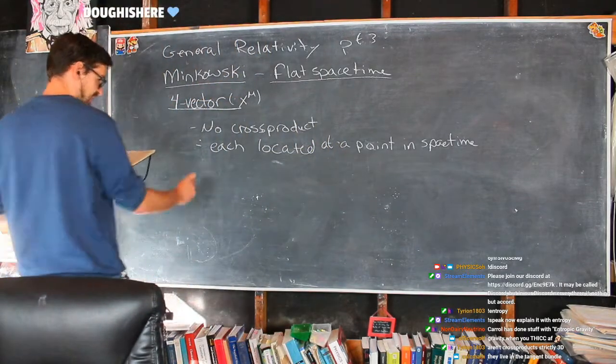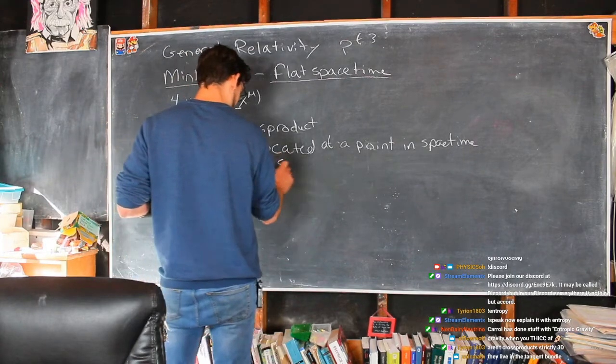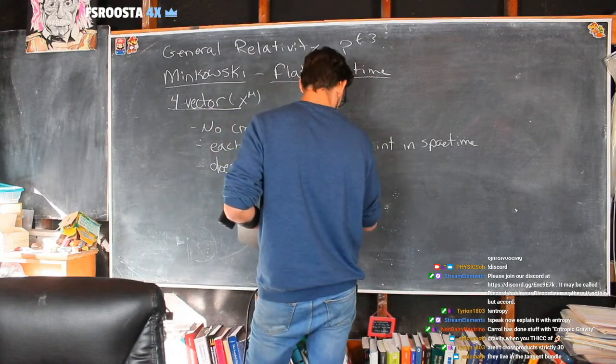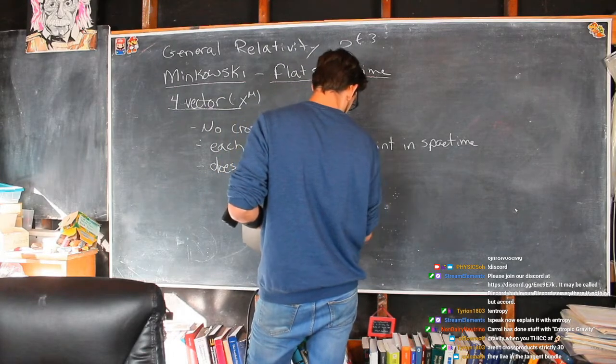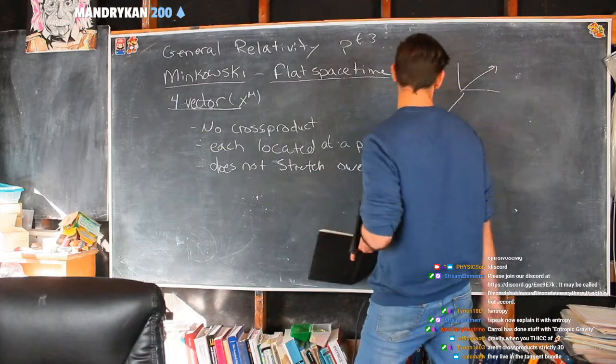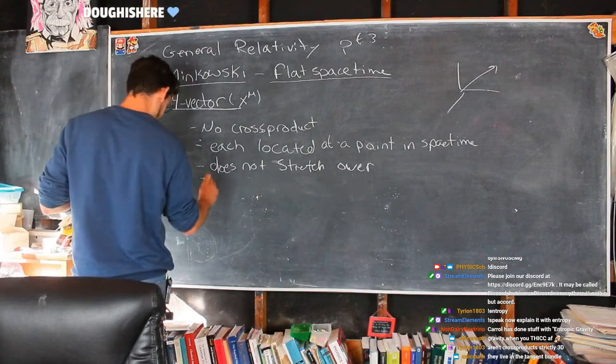One of the things is that it does not stretch over coordinates. These are not like a 3-vector that looks like this, where we have some vector that stretches over coordinates. This is not like that at all. And they cannot be freely moved from point to point.